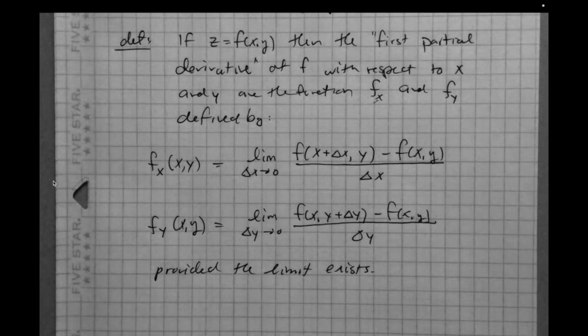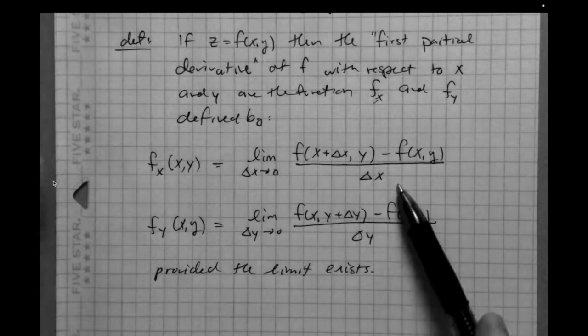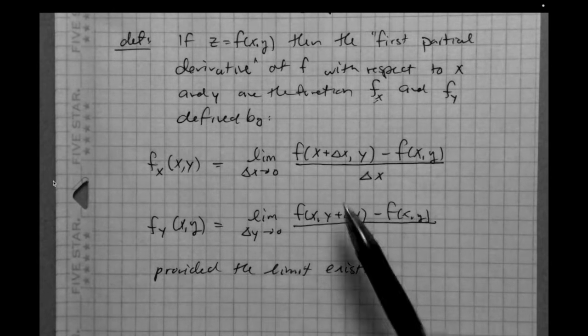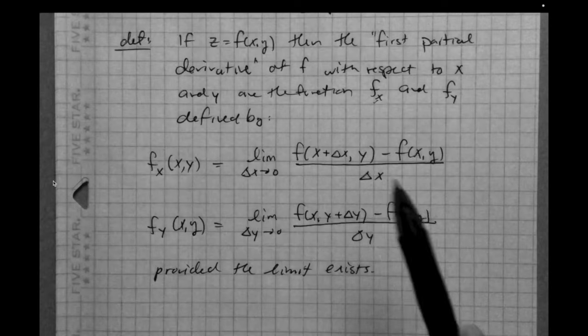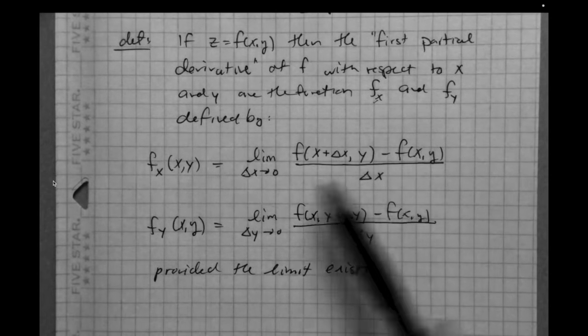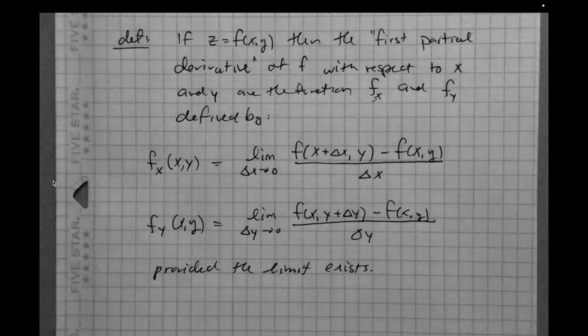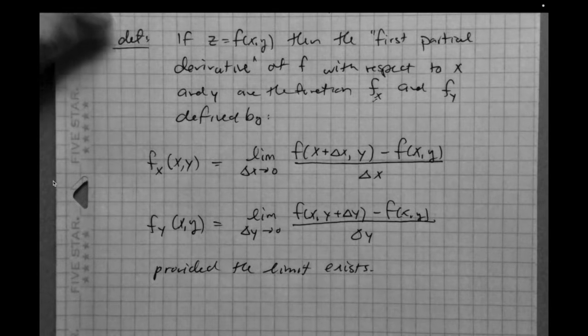Okay, so you can see basically the same idea as what we had with ordinary derivatives. If you have multiple variables in the expression, you differentiate with respect to only one of them. The other variable gets treated as though it's constant. Okay, so let's see an example of how we can do something like this.